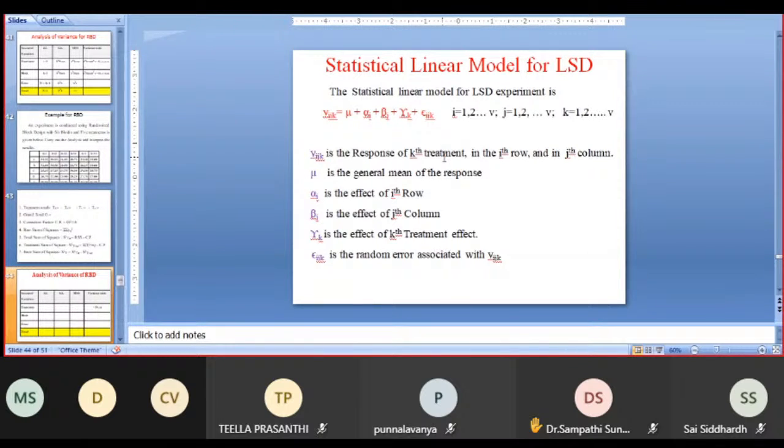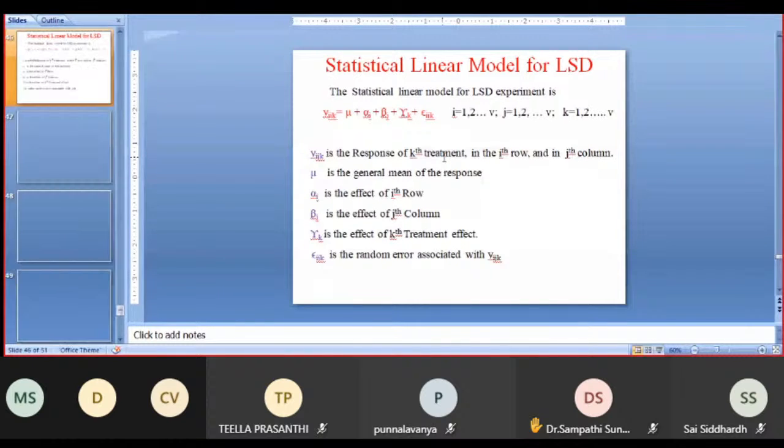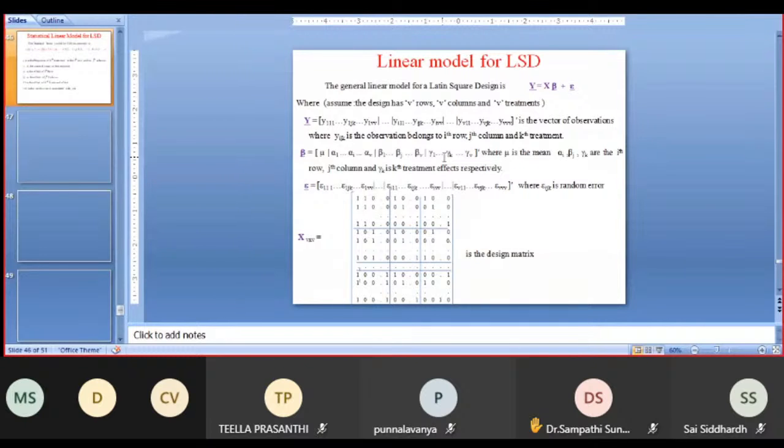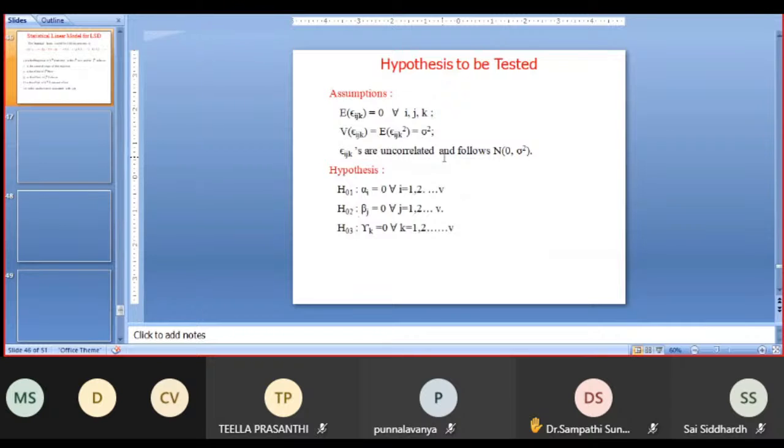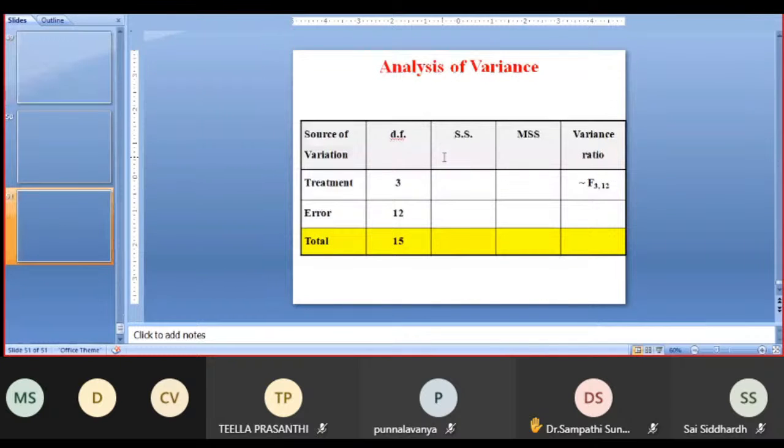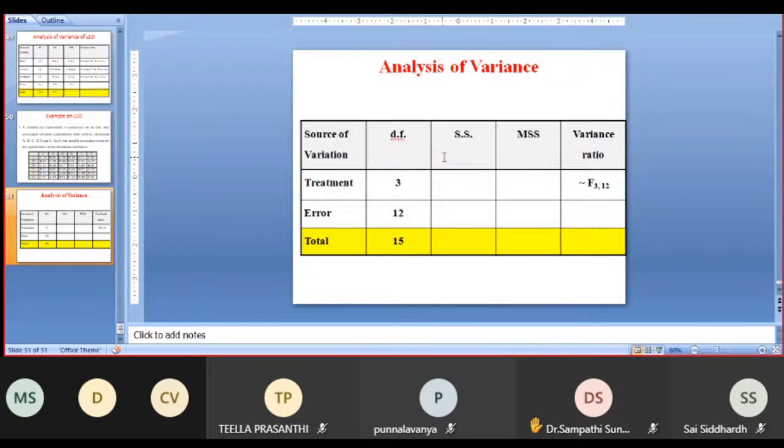So there are some more restrictions on randomization and replication in the lattice square design and also in other designs. So this is the part where I am stopping for today, and the analysis and implementation I will give using the software in tomorrow's session.